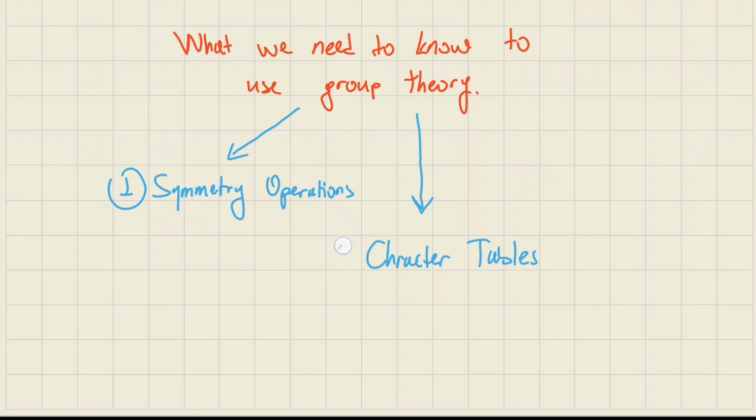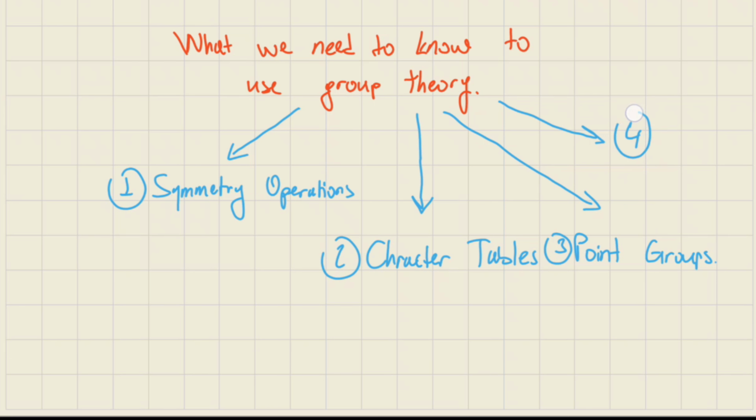The third thing is point groups. And the fourth thing is using the character tables. But in this video I will not talk about using character tables. First, symmetry operations.